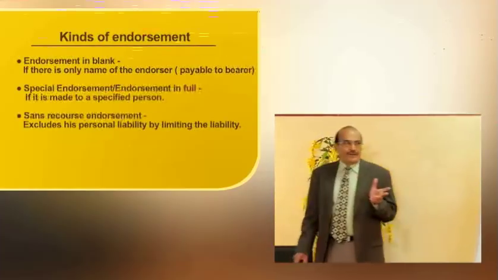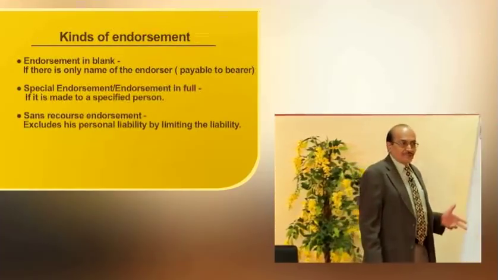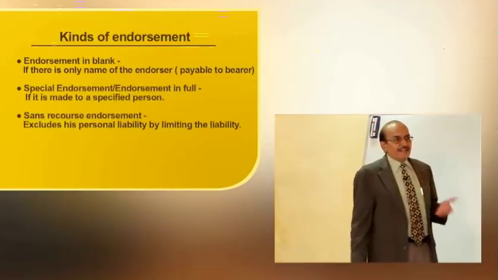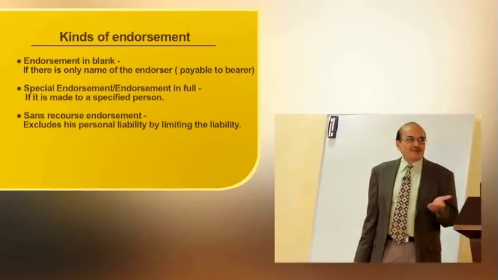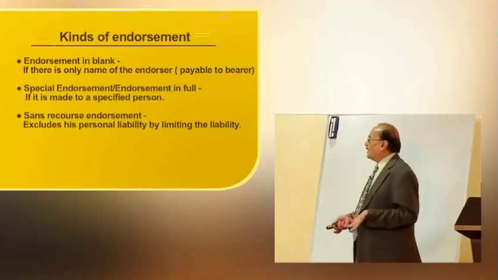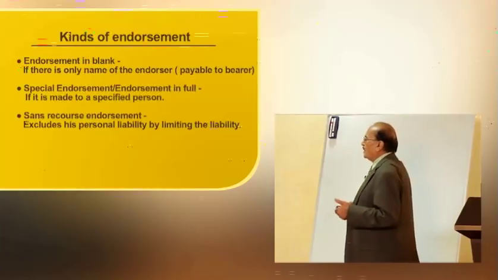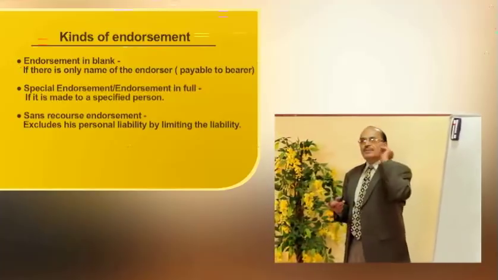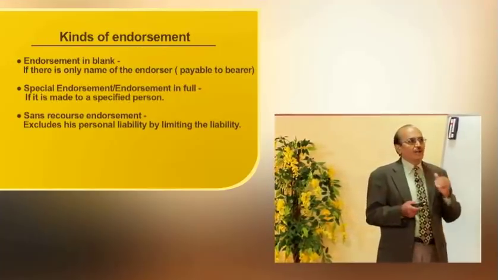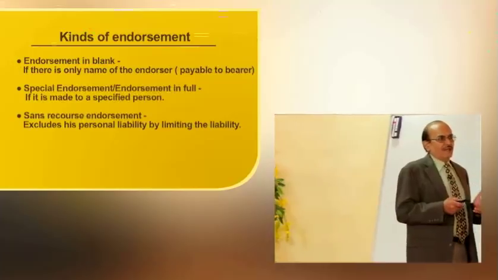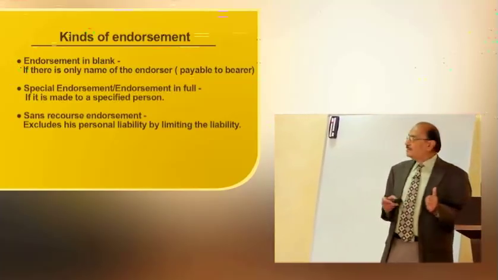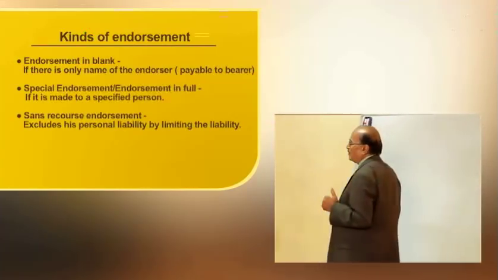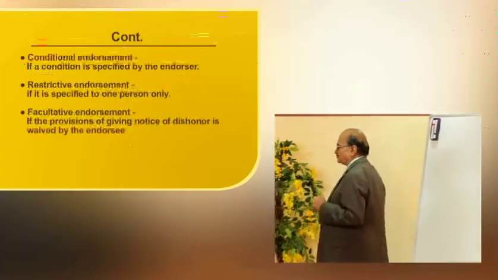What are the different kinds of endorsement? Endorsement in blank, which you have already seen, is where there is only the name of the endorser, payable to the bearer. Special endorsement, or endorsement in full, is made to a specified person. Sans recourse endorsement excludes his personal liability by limiting the liability.